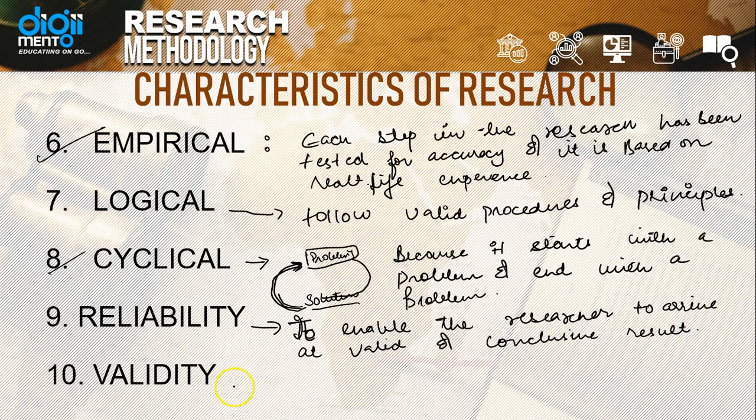Okay, now the next one is validity. Validity and reliability are correlated, but you can say validity is more important than reliability. So what is validity? Validity is basically the strength with which we call a research conclusion or assumption true or false.